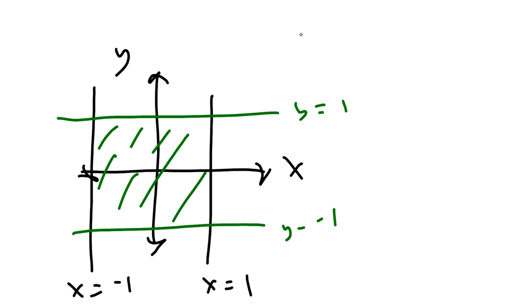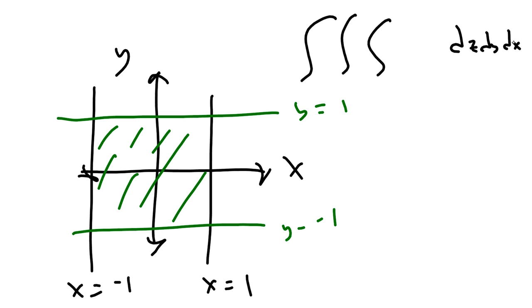So most likely we're going to do something like this. Triple integral, and we'll do something dz, dy, dx. We know that x is varying from negative 1 to 1. Sorry about that. And y is also varying from negative 1 to 1. We're integrating the function x squared e to the y.